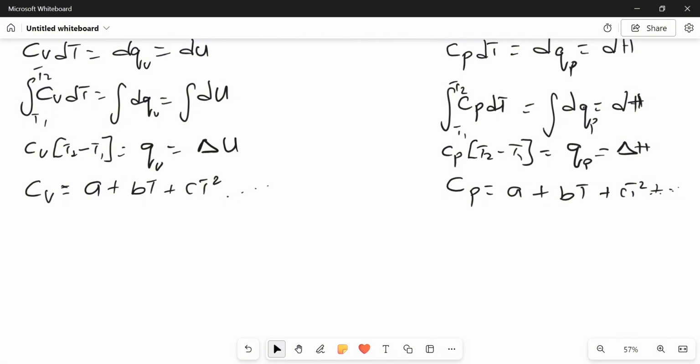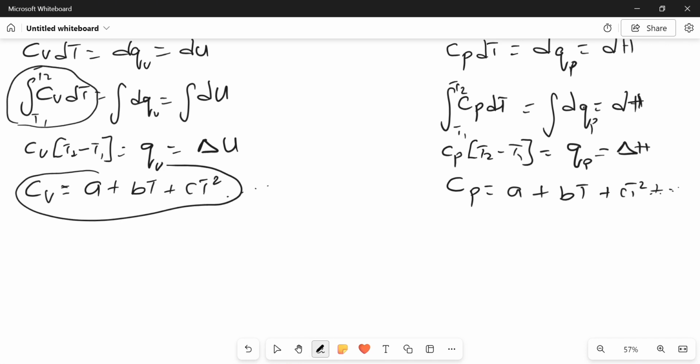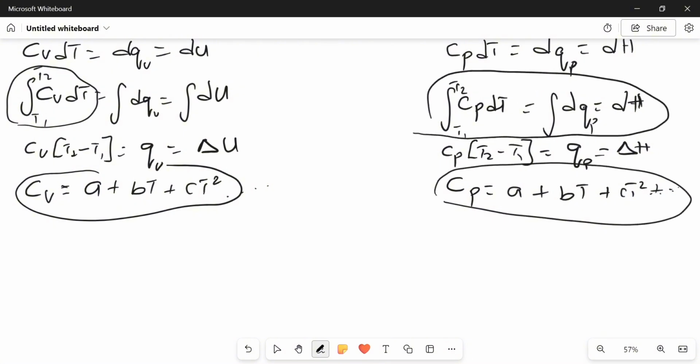Now if I want to substitute this into this particular equation that I have, what am I going to have? It's very easy. Just substitute it and put it there.